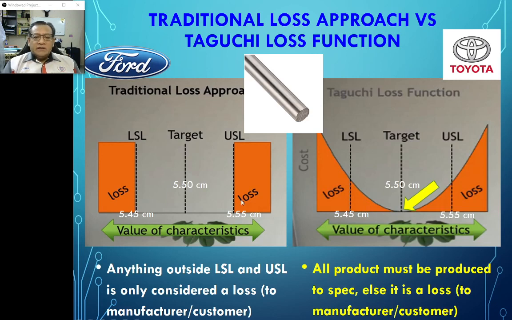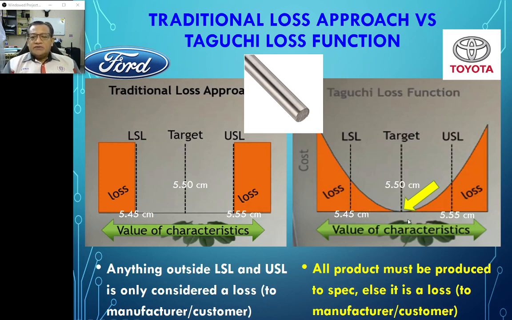In the older function, you cannot ship to the customer only if it is bigger than 5.55. However, Dr. Taguchi set a much more stringent requirement: even at 5.46, it is still considered a loss to the customer, because the customer will experience a less efficient assembly into their equipment.